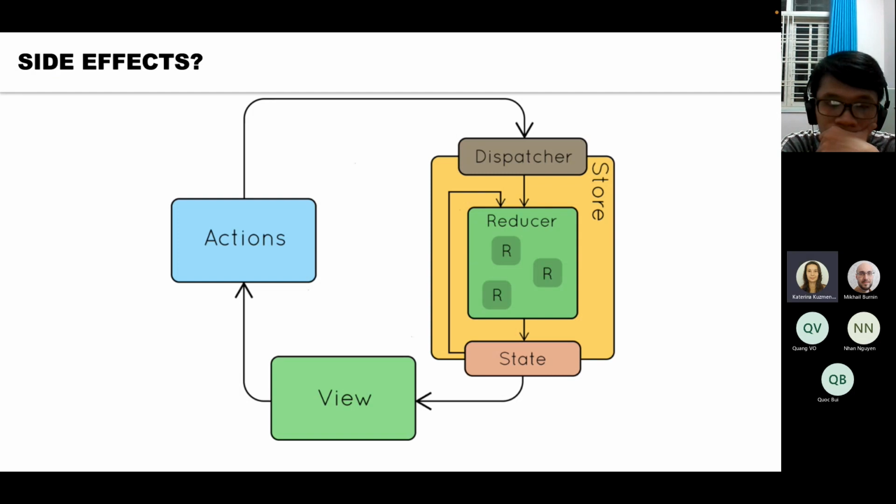They also might not dispatch anything. If you are doing analytics tracking based on Redux actions, you would track things in response to Redux actions, but you would not dispatch anything.